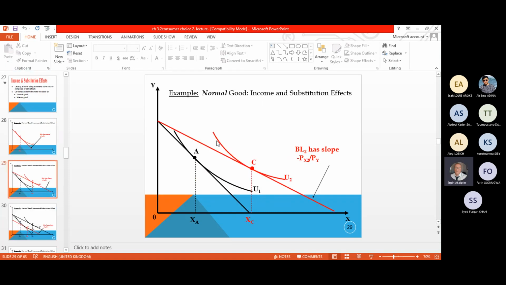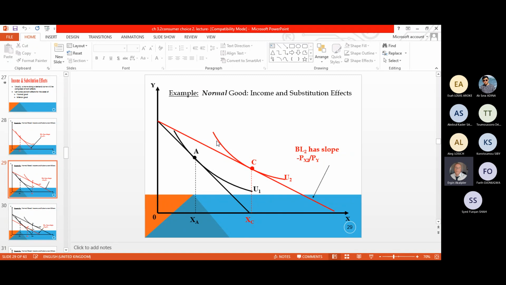Here you have the next, the normal goods income and substitution effect, which is realized in the market as a result of these changes. As you are observing, the utility is shifted to the upper level and the slope becomes again, as represented here, negative, because one is going to be enlarged and one is going to be somehow reduced.